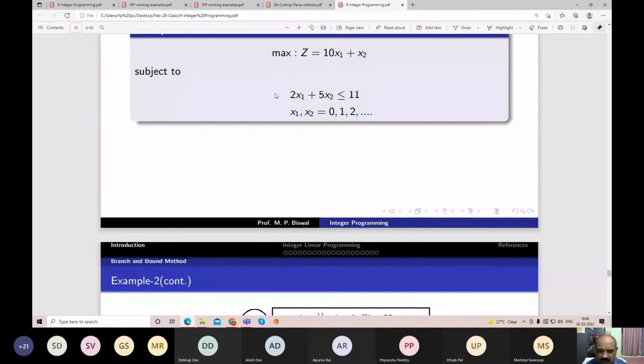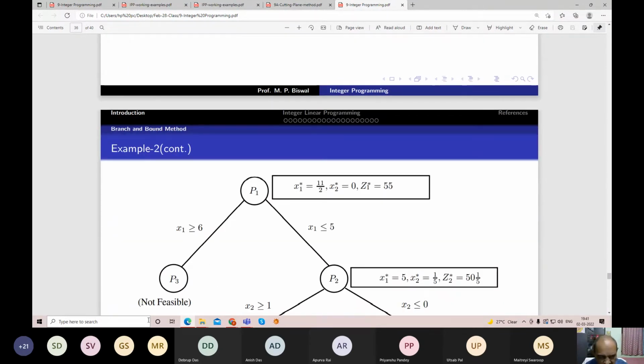See, here it is giving x1 less than or equal to 11 by 2 if you say x2 equal to 0, but then x1 is given greater than or equal to 6. Are they feasible constraints? No, infeasible. Less than or equal to 11 by 2 and greater than or equal to 6. So this problem is infeasible. Once it is infeasible, you drop it. No question of finding a solution.